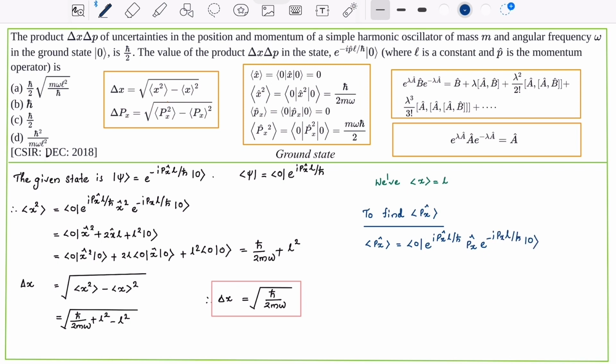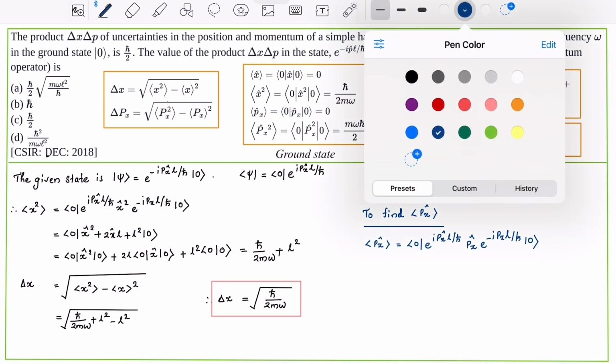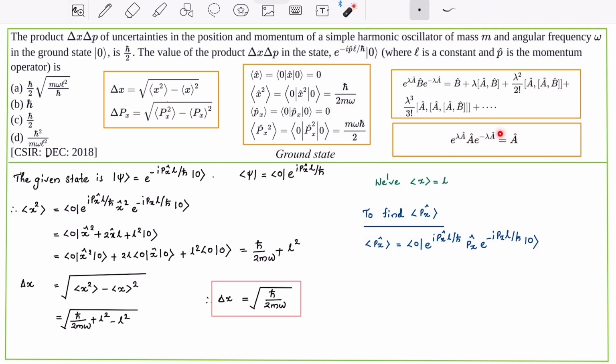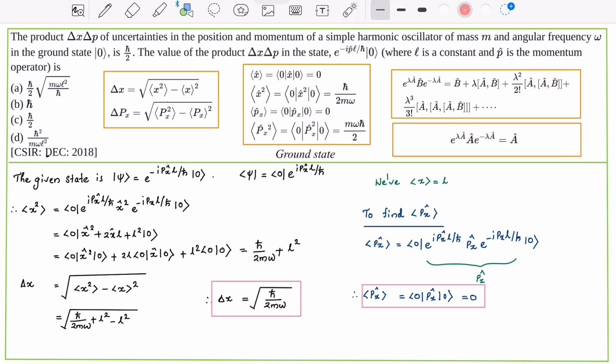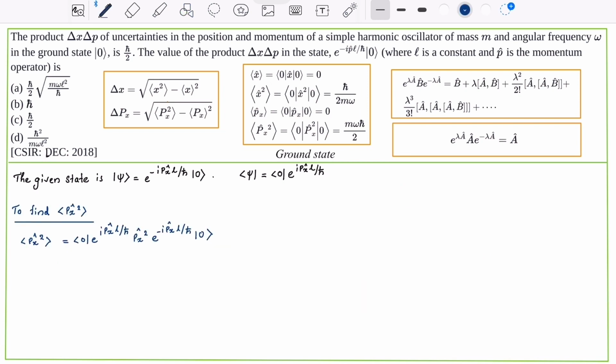We have e raised to lambda a, e raised to minus lambda a is the operator a itself. Therefore, we can say the expectation value of px is ⟨0|px|0⟩. What is ⟨0|px|0⟩? It is 0. For harmonic oscillator ground state, the expectation value of momentum is 0. Therefore, we can say the expectation value of px is equal to 0.